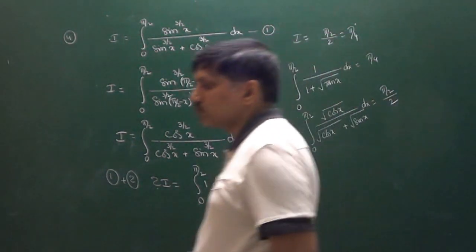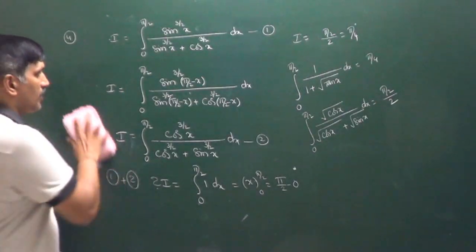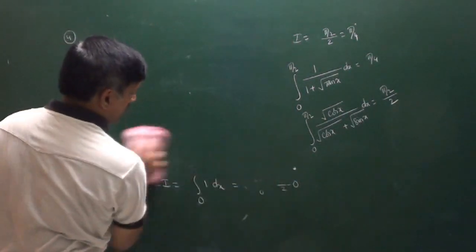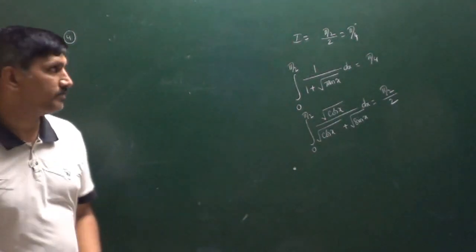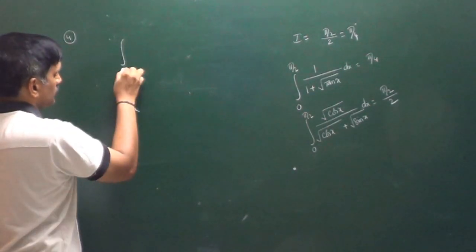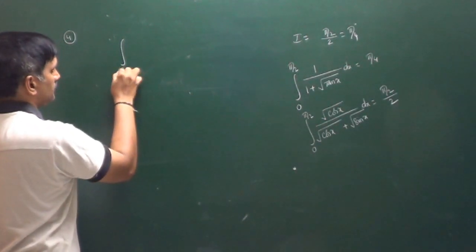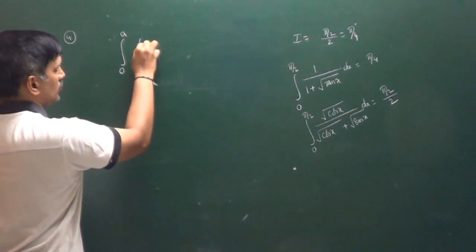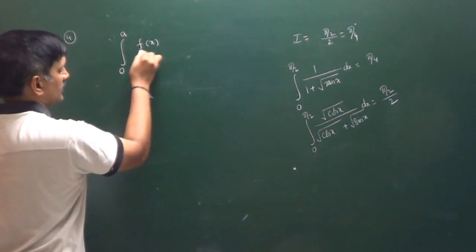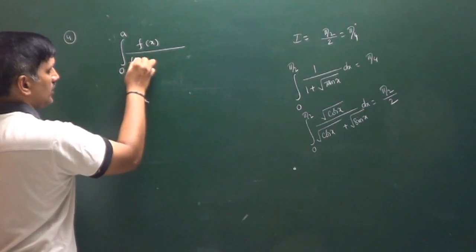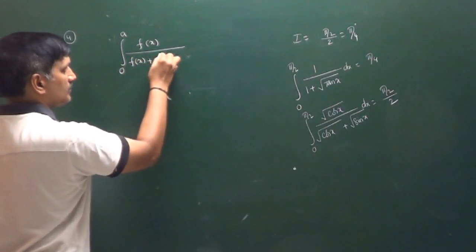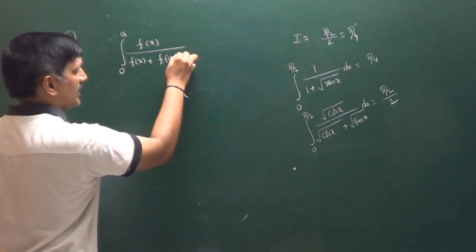So that's how to remember this particular idea. We can remember it as a technique: integral 0 to a of f of x divided by (f of x plus f of a minus x).